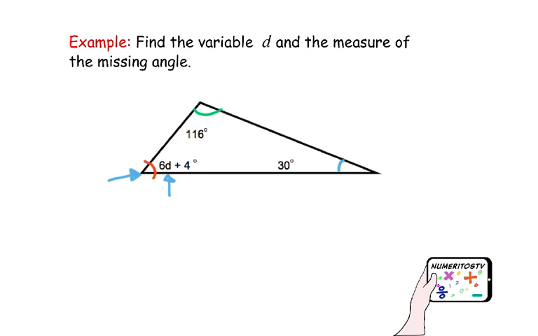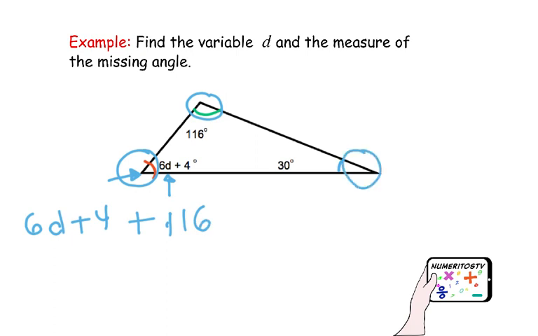So let's write our equation. I know that 6D plus 4, that is this first angle, plus the second angle, that is 116, plus the third angle, that is 30, equals 180. I know this because of that theorem.